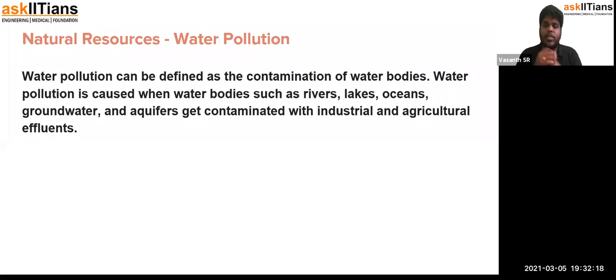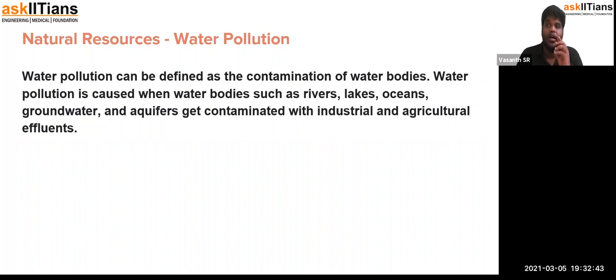Because it is us who are polluting or occupying places which were once water barriers, lakes, swamps and so on. When we start acquiring those places and build constructions, the water will not find a place to get stored on the surface.